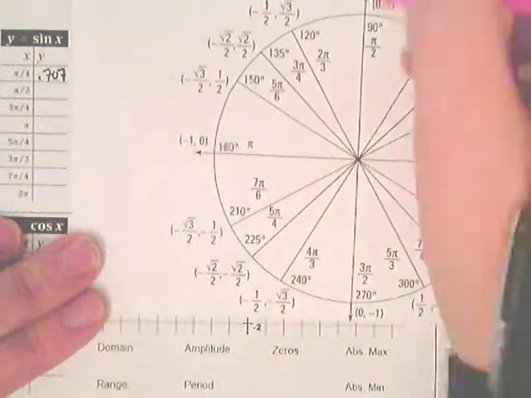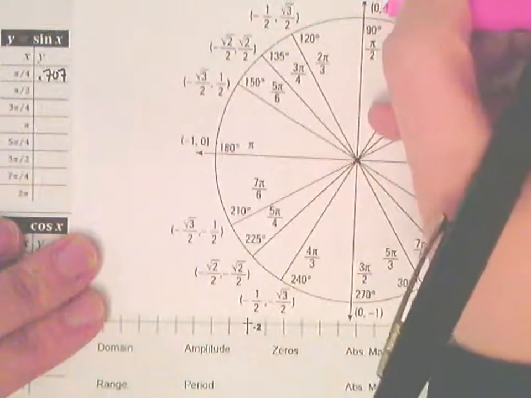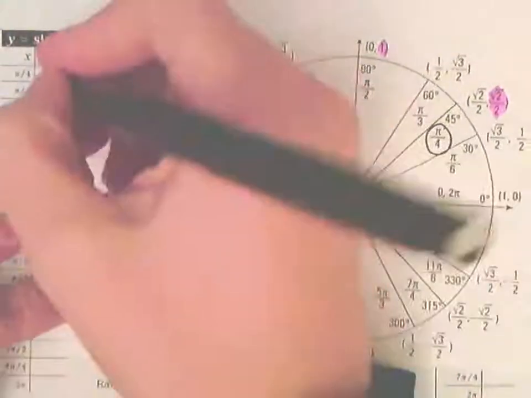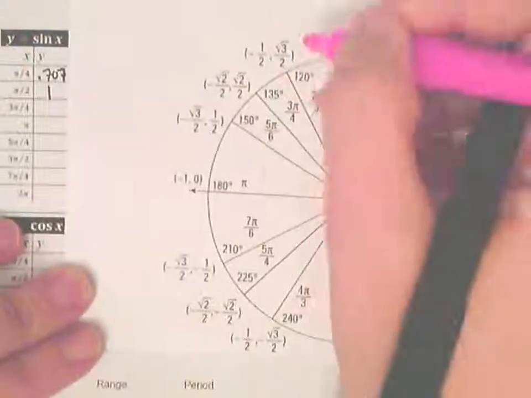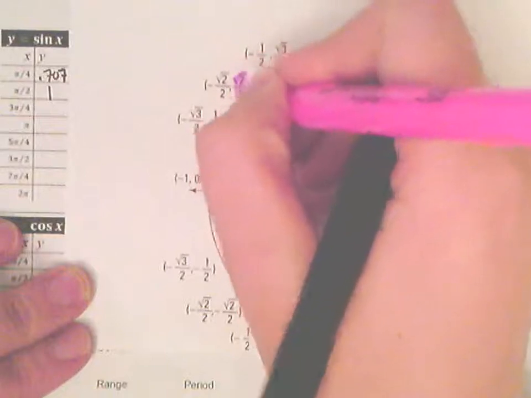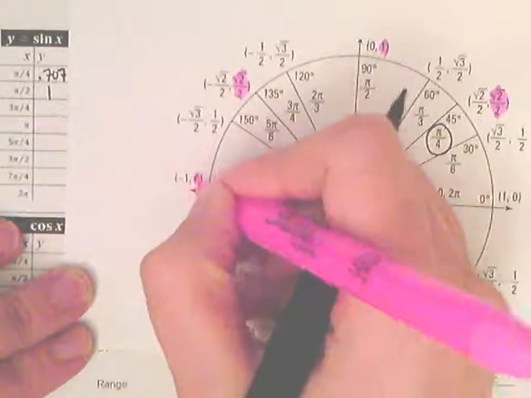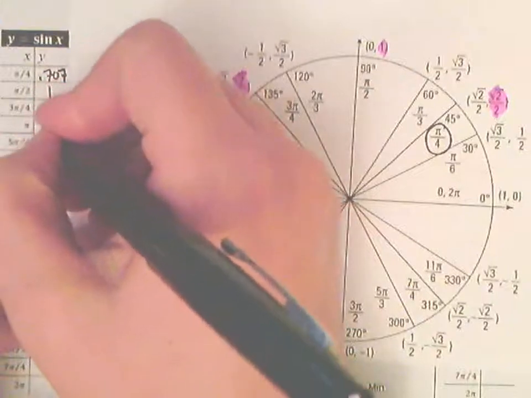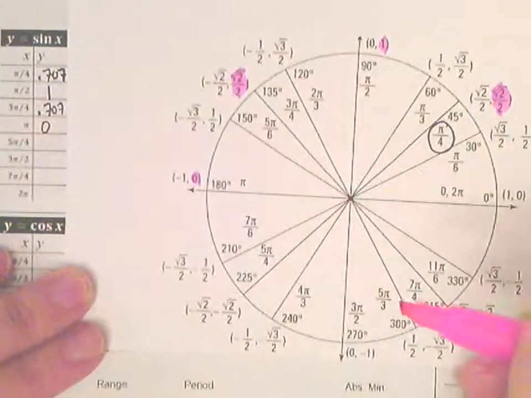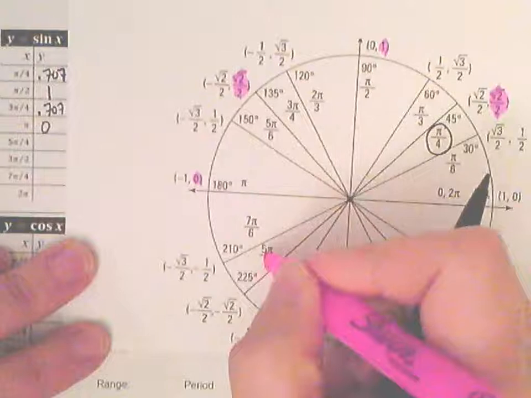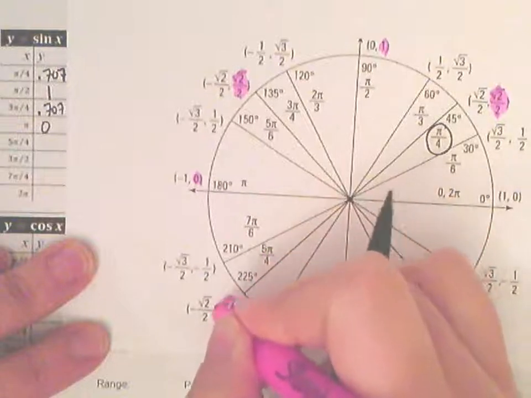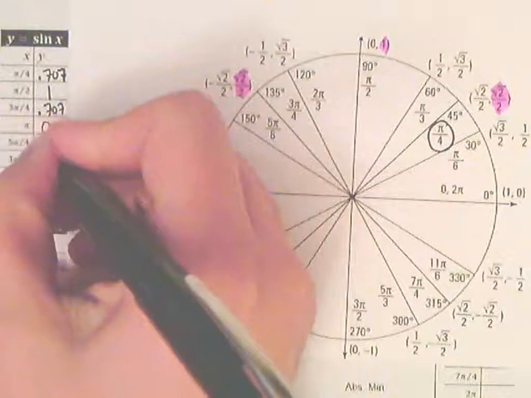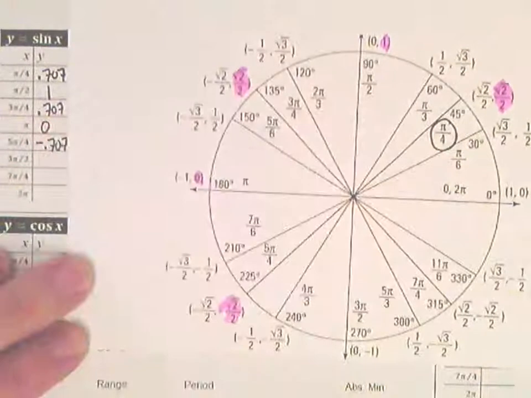Alright, sine of pi over 2 is 1. Sine of 3 pi over 4 is going to be square root of 2 over 2. Sine of pi is going to be 0. So 0.707 and 0. Sine of 5 pi over 4 is going to be negative square root of 2 over 2, so it's going to be negative 0.707.